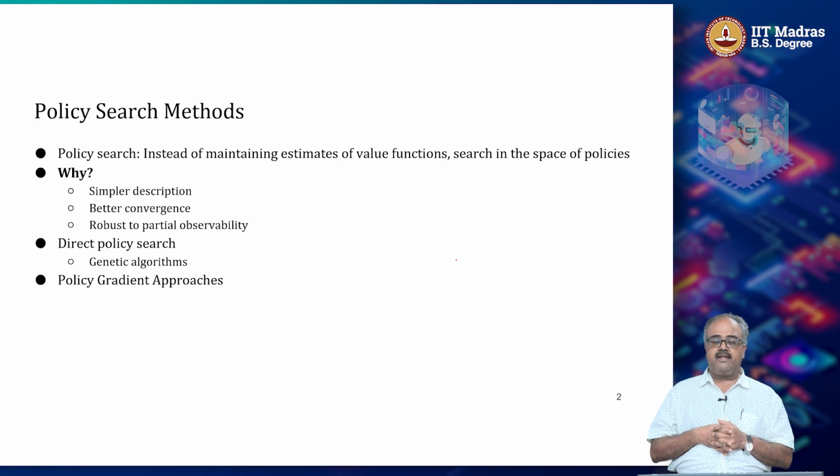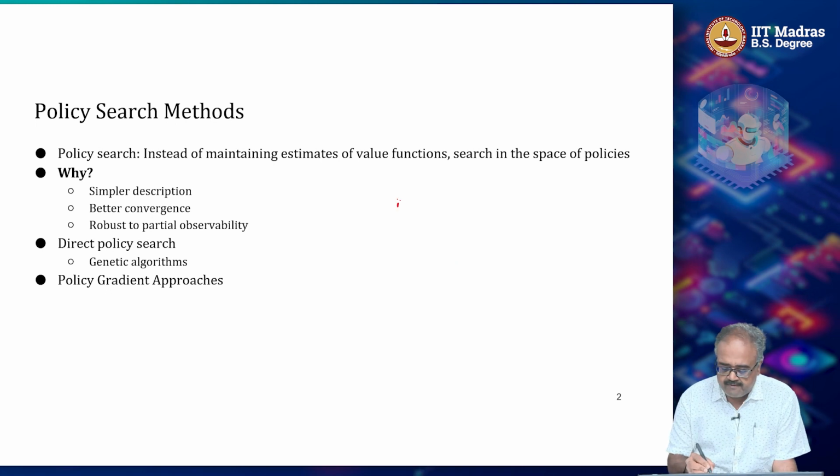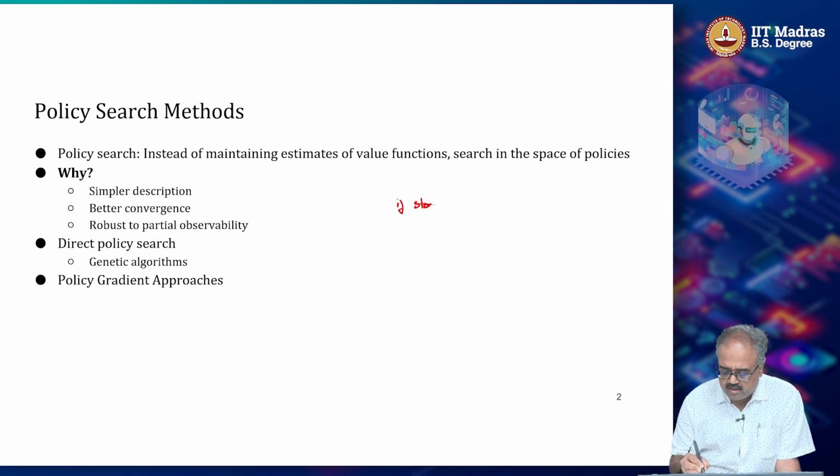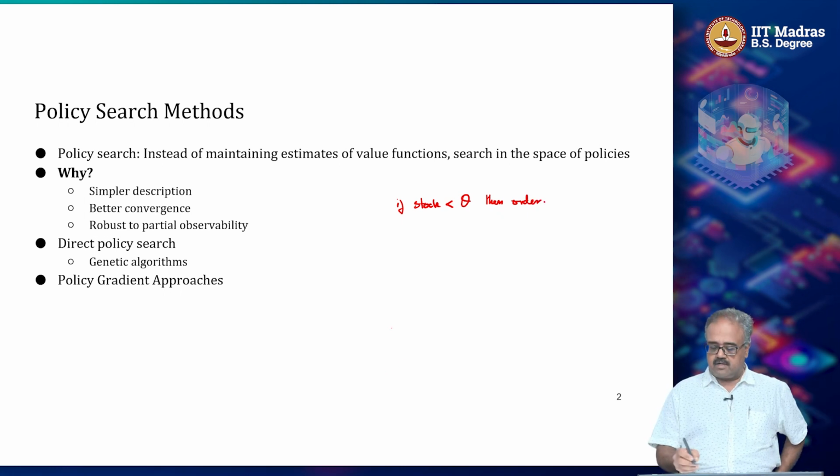You would like to place an order for a particular item. Typically the policy takes the form that if the stock falls below some threshold theta, then you place an order.